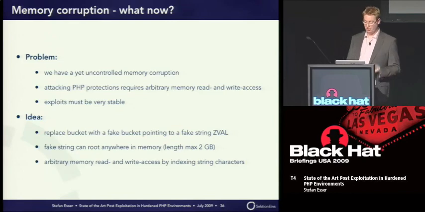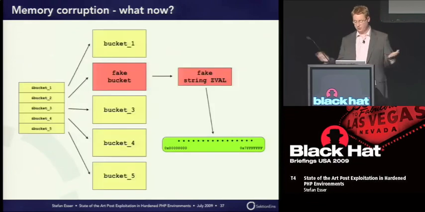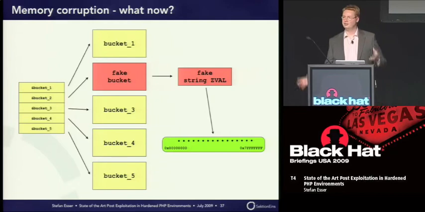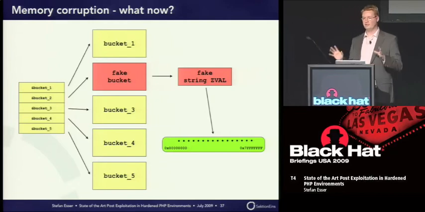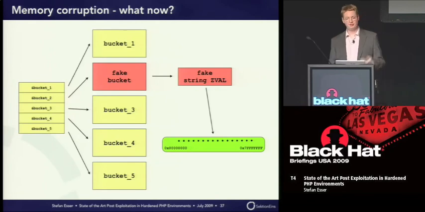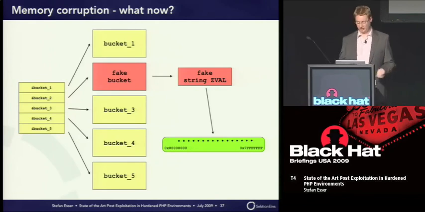And so when we have this string, we can access the first 2 GB of memory just by reading and writing the single characters in the string. And this will look like this. You have somehow, I will show later how, reallocated a fake bucket into the bucket that was there before, and this fake bucket just points to the fake string, and the fake string is actually a 2 GB string.